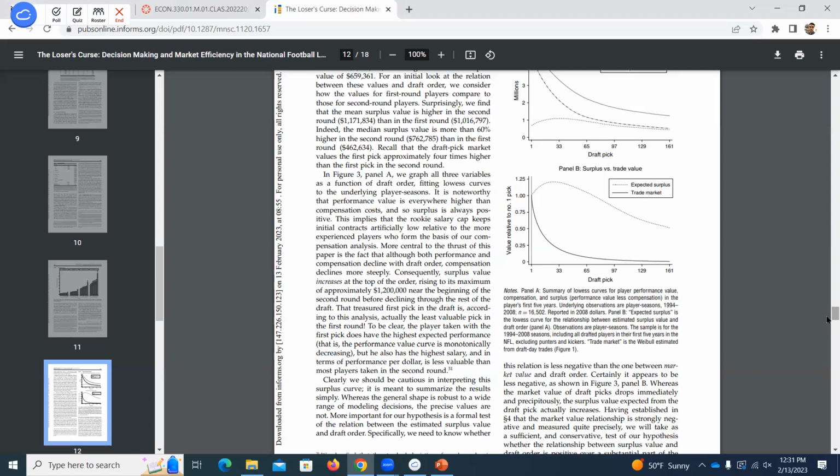So my guess is for the MLB, I would imagine it has a flatter decline. I think the drop off is probably lower than the other one. I don't know this for sure, this is what I would guess. I would guess you'd see the surplus value kind of smooth that bump out. But once you get to the later rounds in Major League Baseball, it really looks like this.